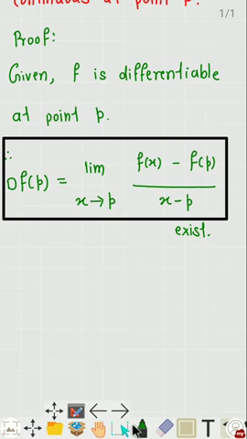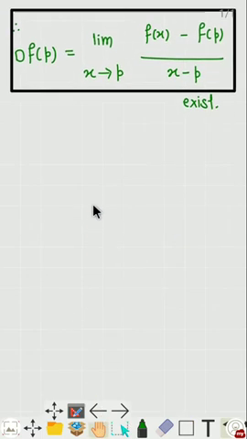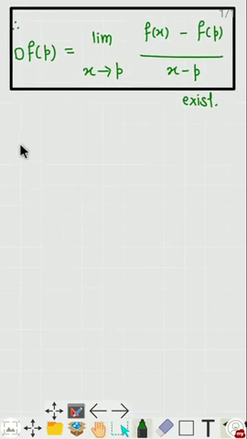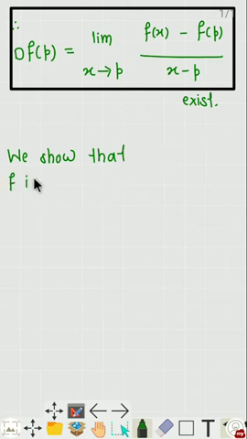Now what we have to prove is, we show that f is continuous at x is equal to p.